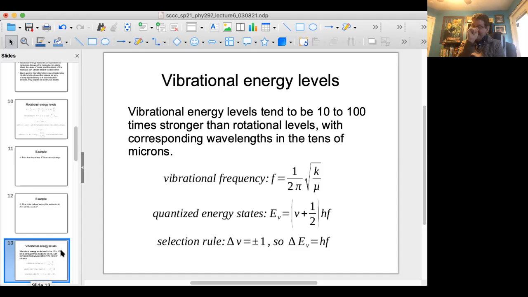So you have an integer v plus 1/2, in parentheses, multiplied by hf. The selection rule says that delta v is equal to plus or minus 1. So again, the energy states change in increments of 1, and so delta E, the energy level change, is equal to h times f.